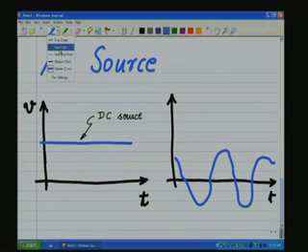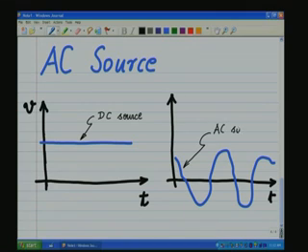So, this would be an AC source. The voltage waveform or the current waveform of that particular source goes positive and negative, or has a varying component as a function of time. Whereas, in the case of the DC source, as a function of time, the value of the voltage or the current is going to be constant.